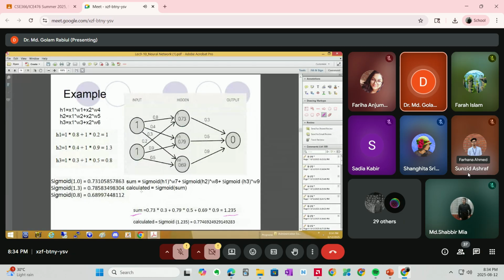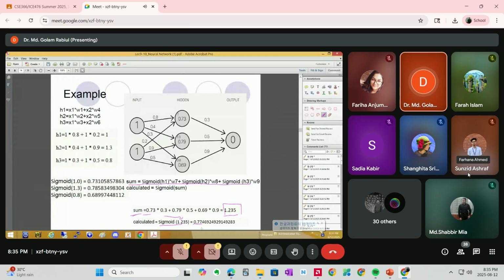As you can see, the sum is calculated utilizing this equation. The output sum is 1.235, and then we have to pass this sum to a sigmoid function.